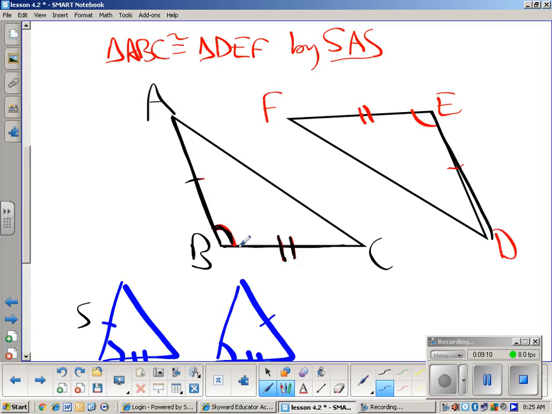I have this side here congruent to this side here. And I know the angle included between those two is congruent to this angle over here included between those same two sides. And so that's enough information to know that those two triangles have to be congruent. That's the key. We're talking about what's enough to prove that they're congruent. Okay? I want to expand on that in just a minute.